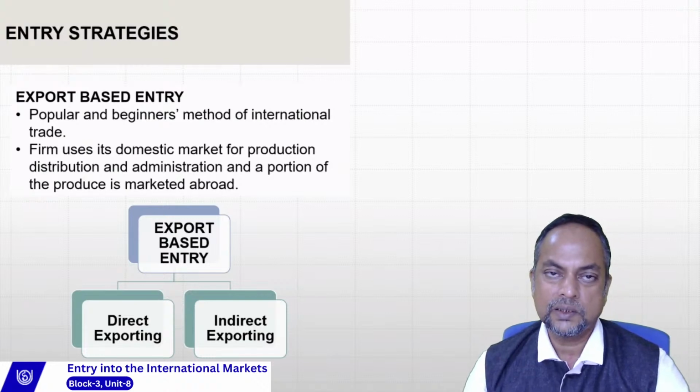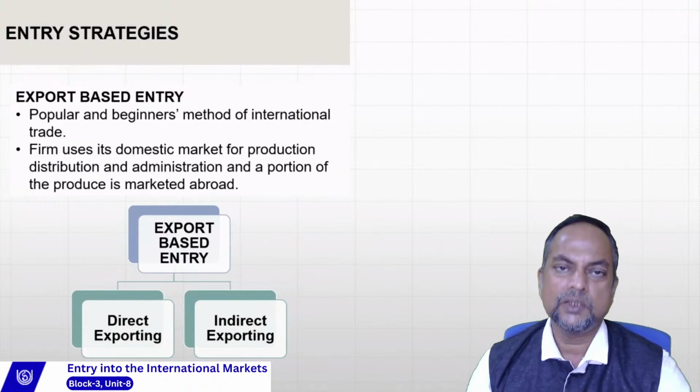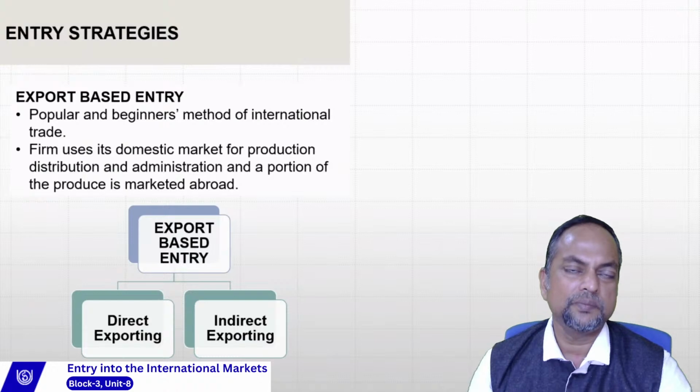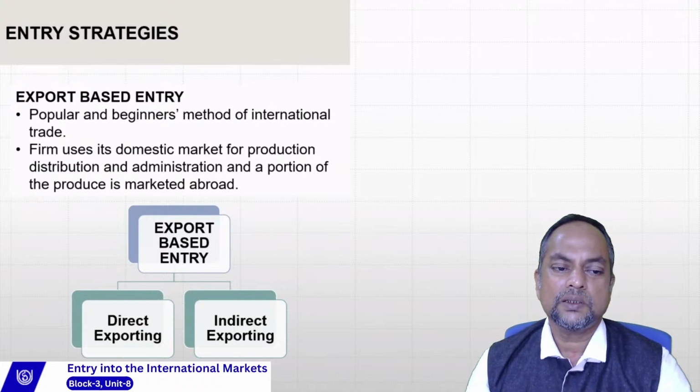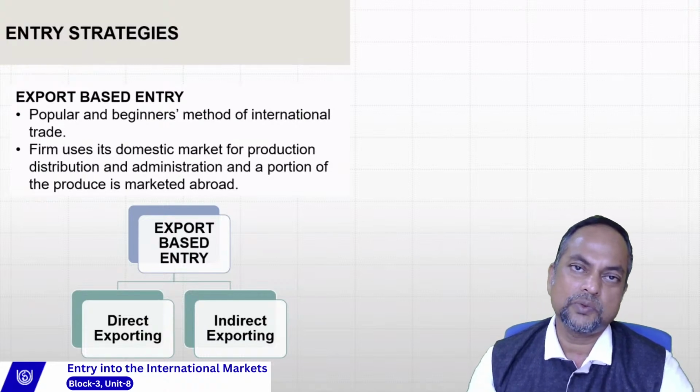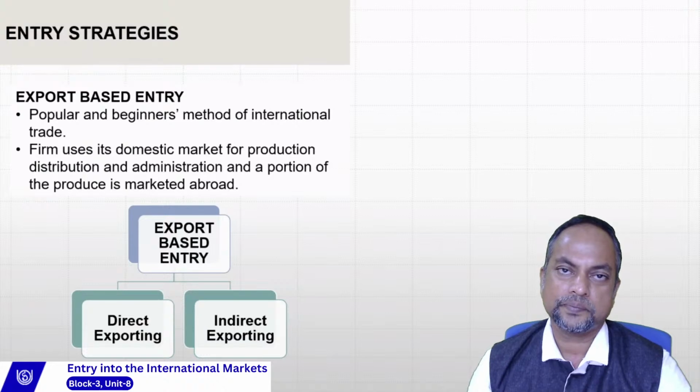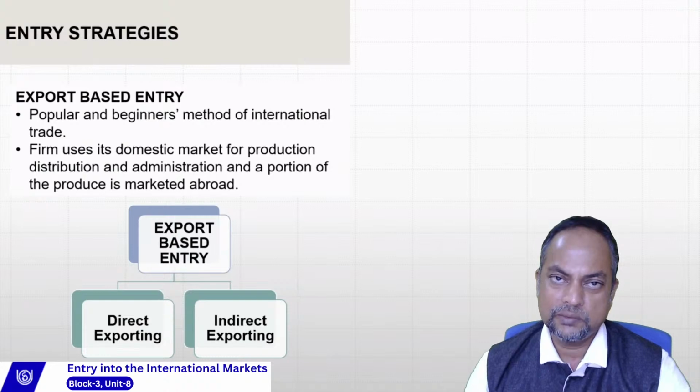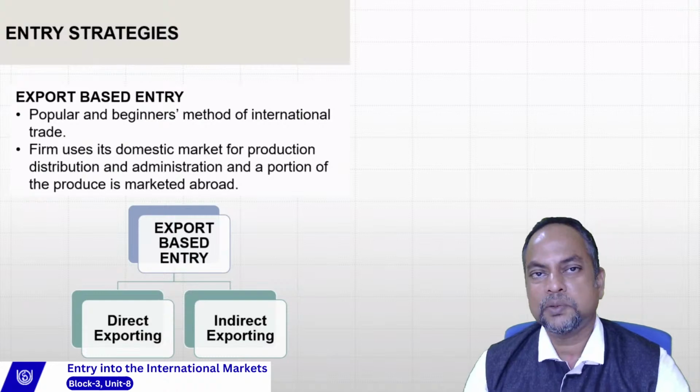Yeah. That is the direct method. I can sell in the host country directly with my own representatives. But many times this direct method also has some sort of problems, risks. Yeah. Because I cannot completely rely on the people of the host country, neither can I rely on people of the parent country.